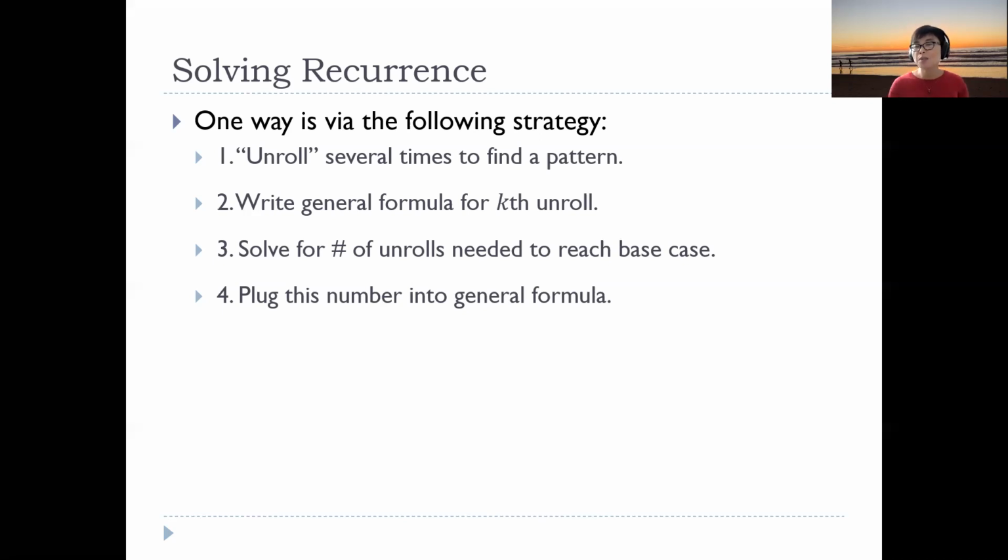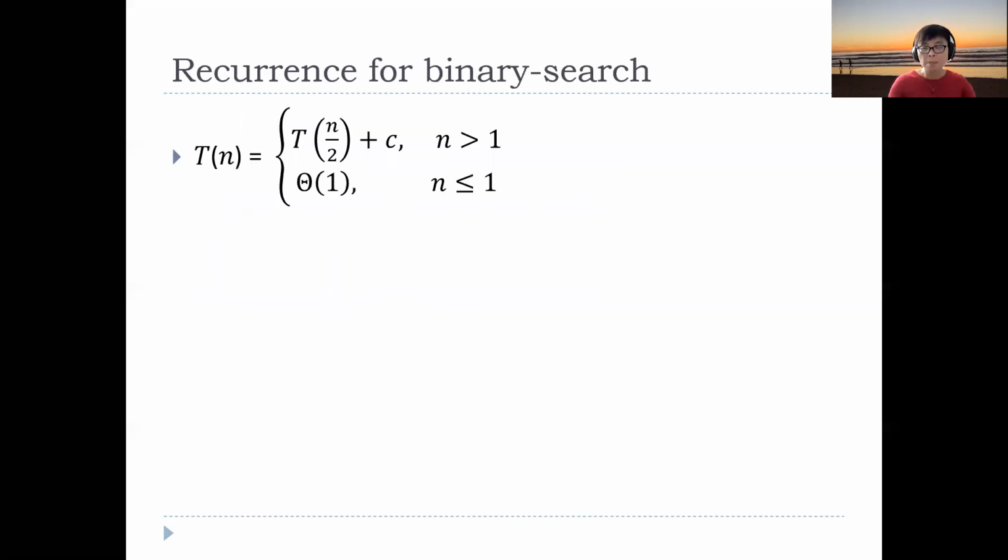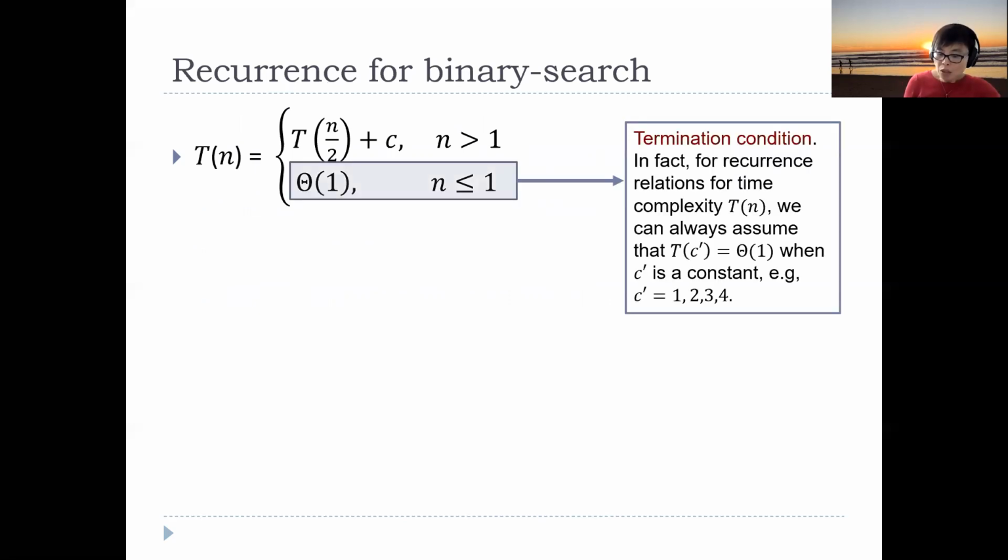Okay, so again, let's look at this example in more detail. This is the recurrence formula we have. Before I start, let me point out the termination: for any algorithm, as long as you have a termination, you can always assume that for small constant input size, the time complexity is constant.